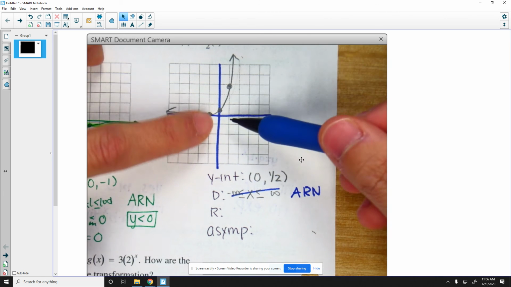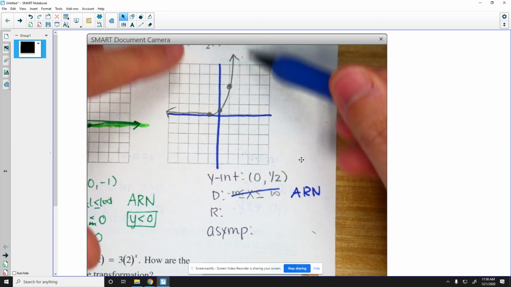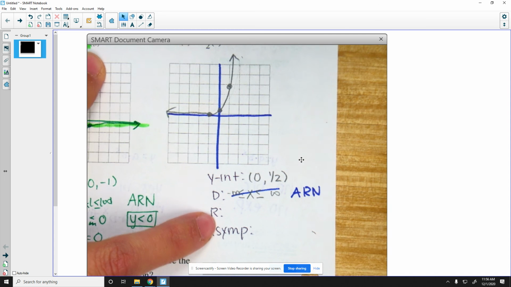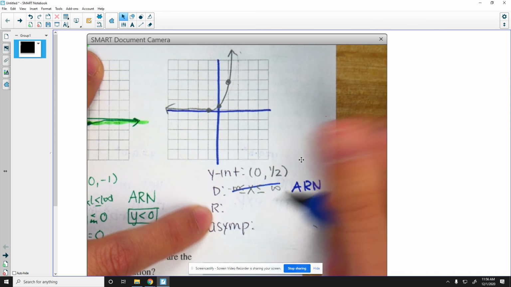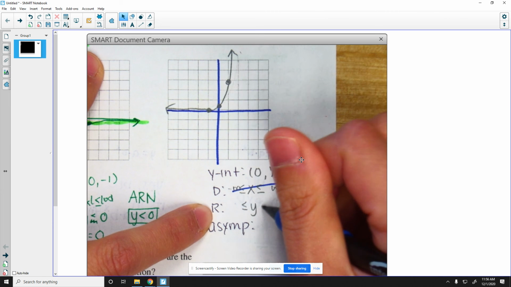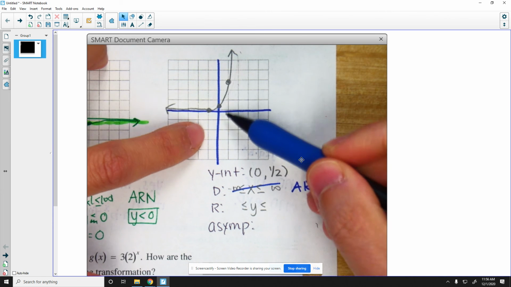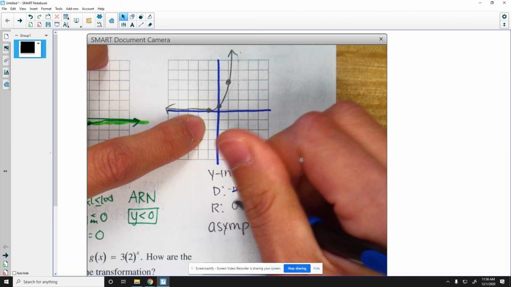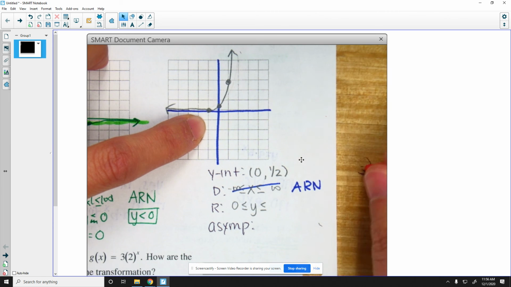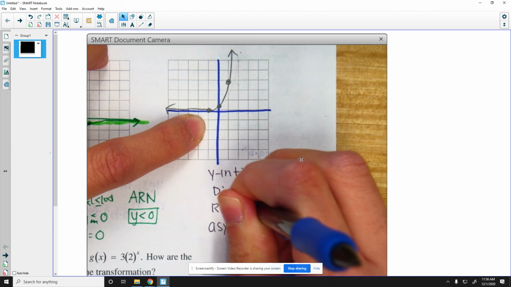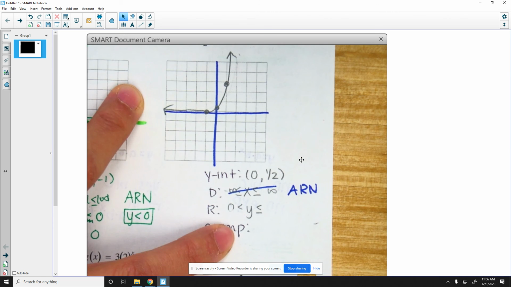Close, but do you see how your picture is going up? So it's not less than 0. Yeah, y is greater than 0. So let me show you how this works again. You have y in the center. Your inequality is always eating to the right. Okay, so how far down do I go? It looks like it goes to 0, but it never actually touches. So remember, if it never actually touches, it's not or equal to, it's just less than.